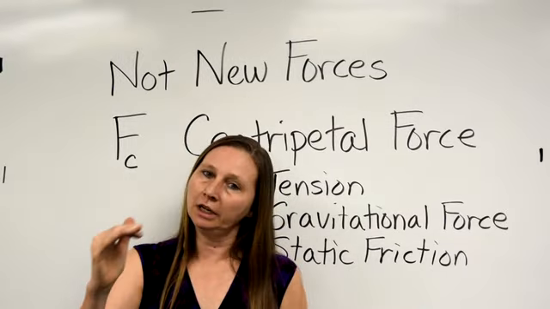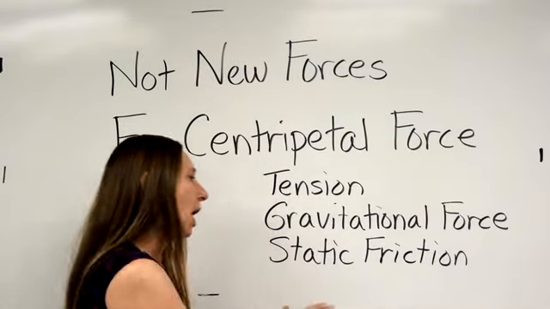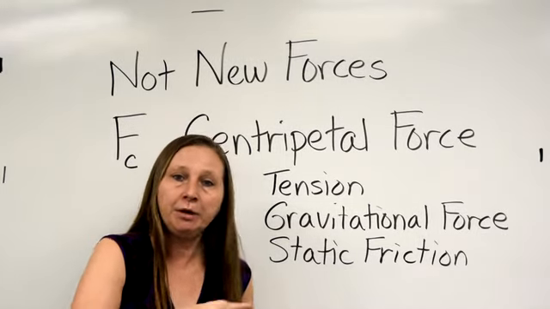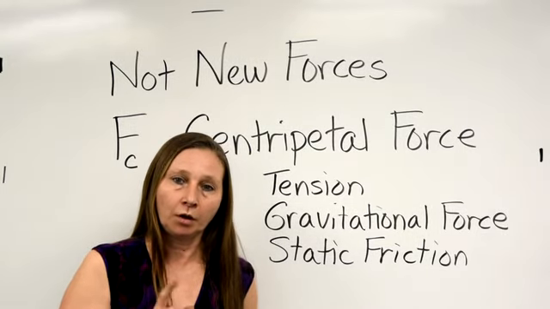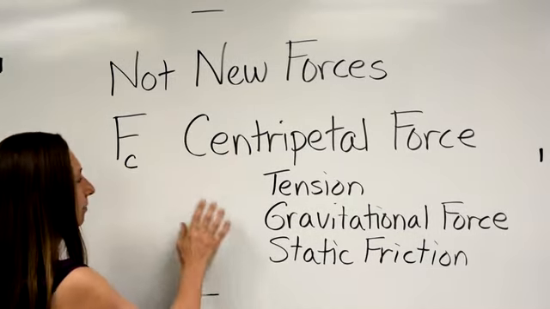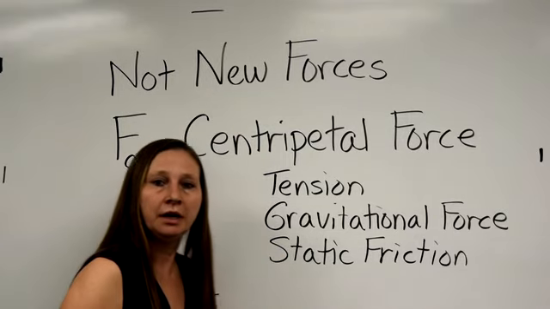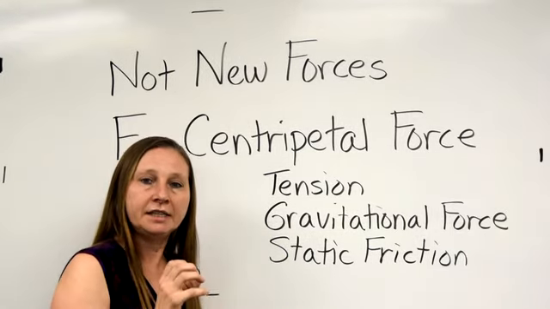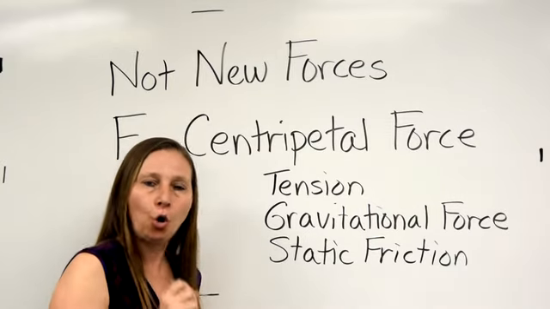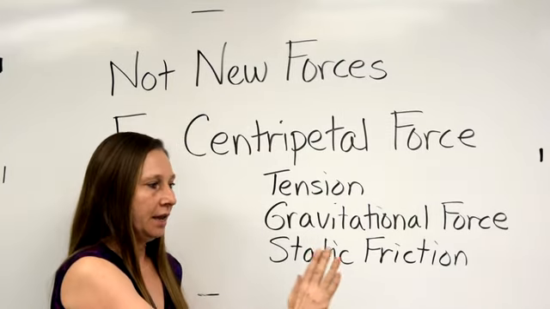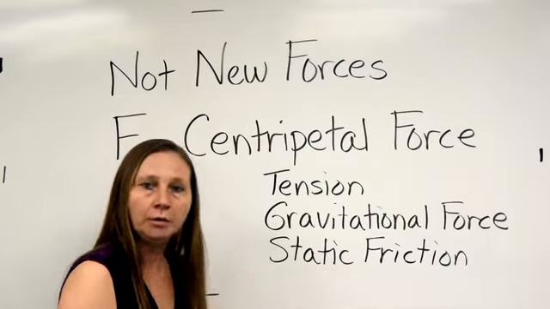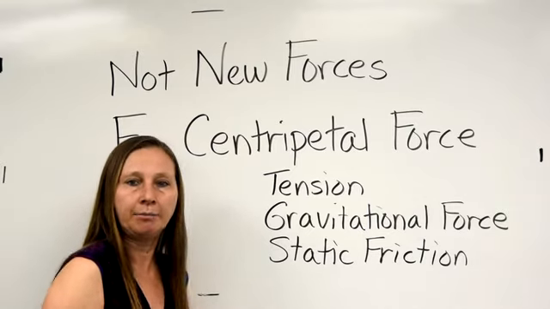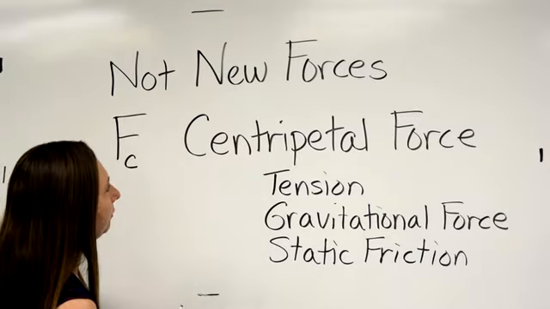When we get to a later section, we'll explain why it's static friction, not kinetic friction, that is keeping the car on the road. But again, a centripetal force is another force that we already studied that is acting centripetally, causing an object to move in a circle, an ellipse, causing an object to move around another object. All right, so centripetal force.